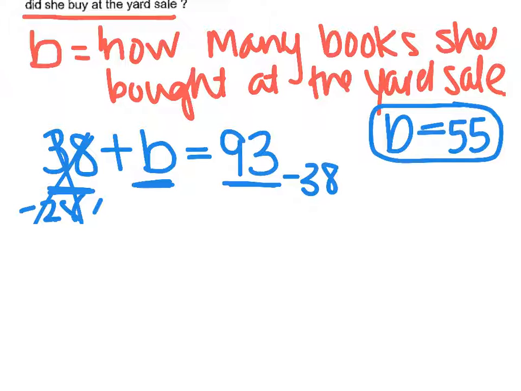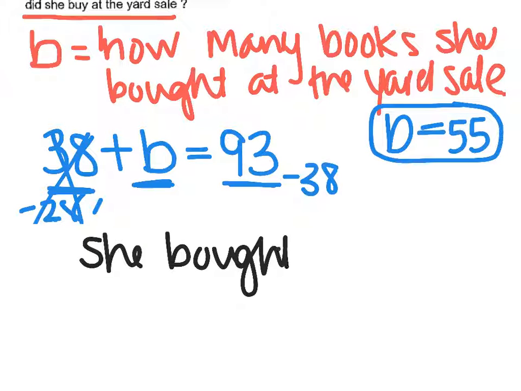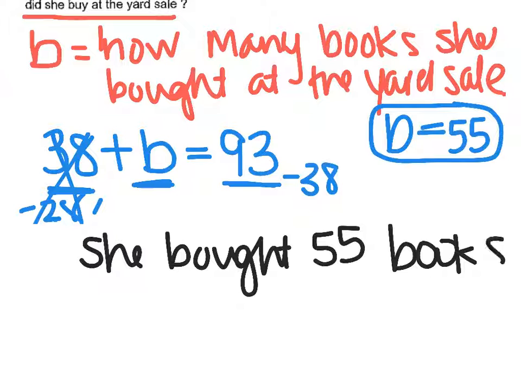So for 55, I'm actually going to write that as a sentence. The variable was how many books she bought at the yard sale, so the answer would be she bought 55 books at the yard sale.